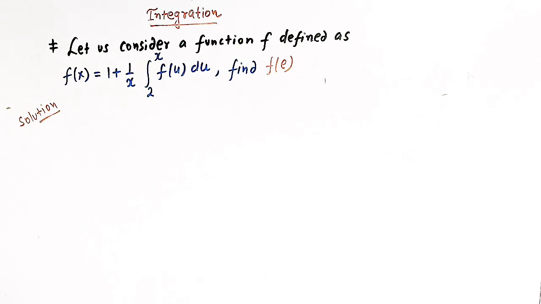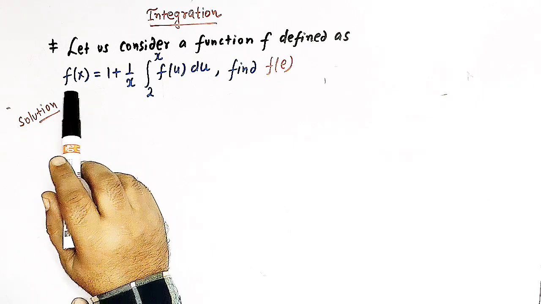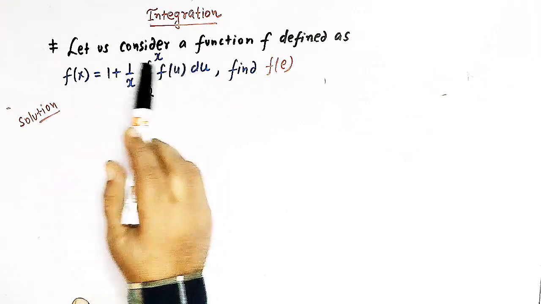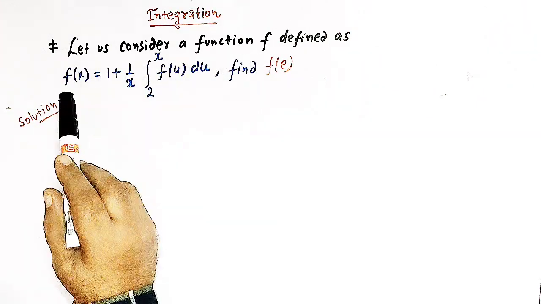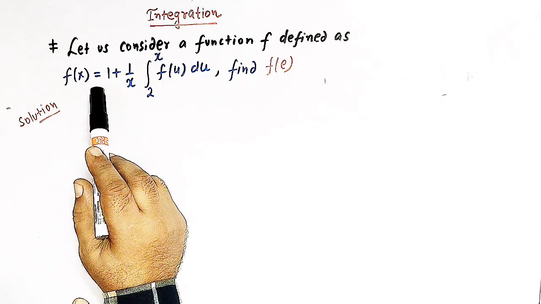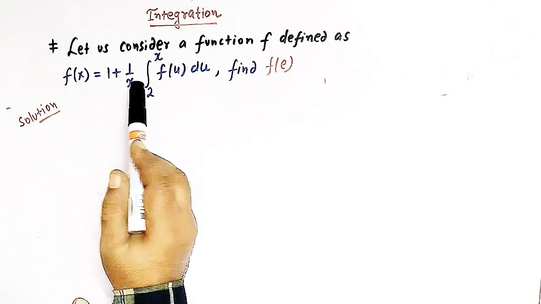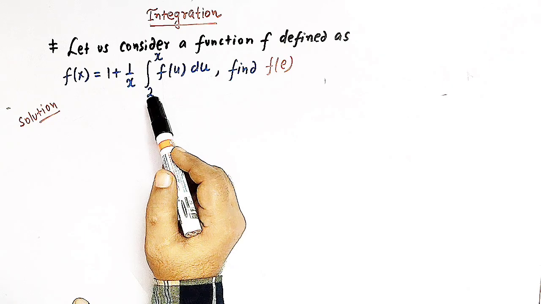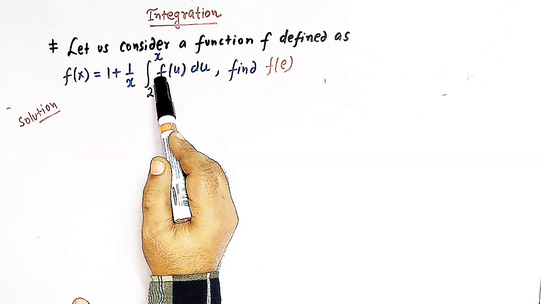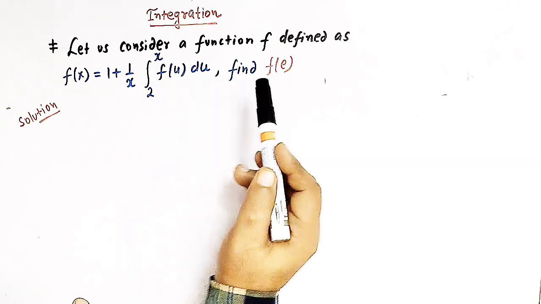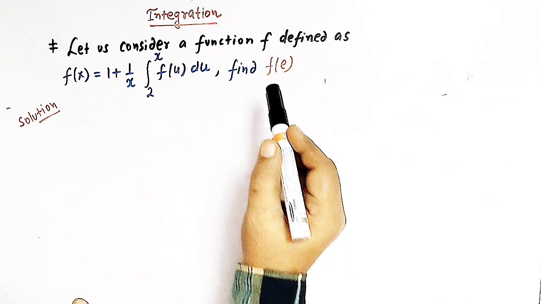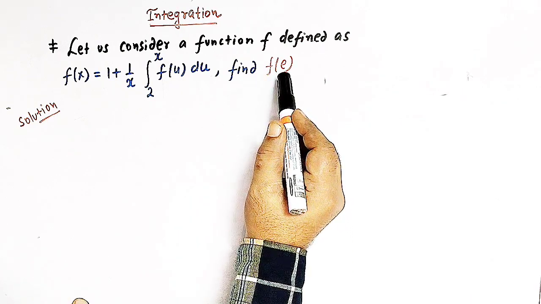Hello viewers. In today's session, we are going to discuss another important and conceptual problem from integration. In this class, we are going to discuss this important problem where we are given a function f which is defined as f of x is equal to 1 plus 1 over x times the integral from 2 to x of f of u du, and we have to find out the value of f of e, right?